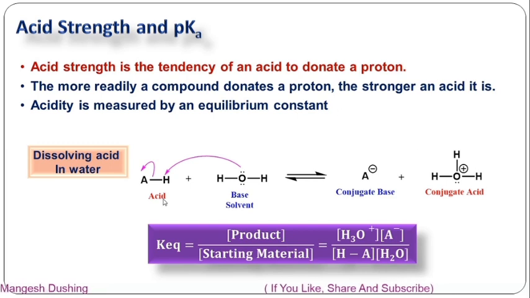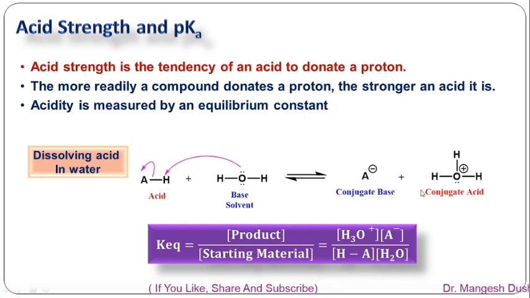In this case, the acid after donation of the proton gives a conjugate base, while the solvent acts as a base, losing its electrons and accepting the proton, forms a conjugate acid. So, acid gives you a conjugate base, while a base gives you a conjugate acid.